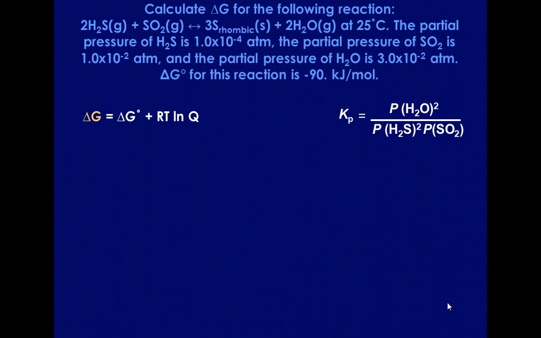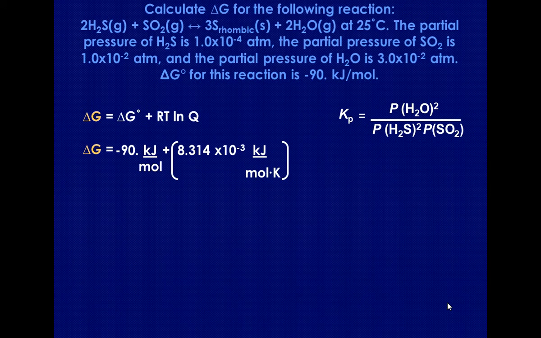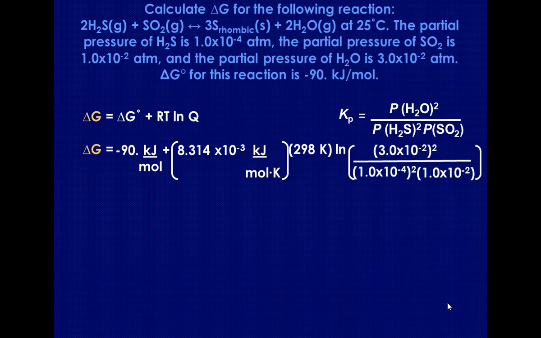I know what my equilibrium expression should look like, that the water should be squared in the numerator since it's on the product side, and the hydrogen sulfide should be squared in the denominator along with the SO2. I've got my delta G value, and I know my R, and I know my temperature. And if I substitute in the quantities that I have for the pressures of those gases, I can calculate what Q should be.